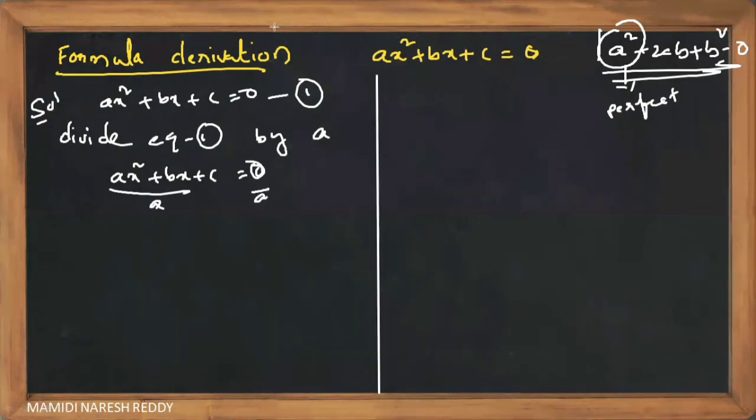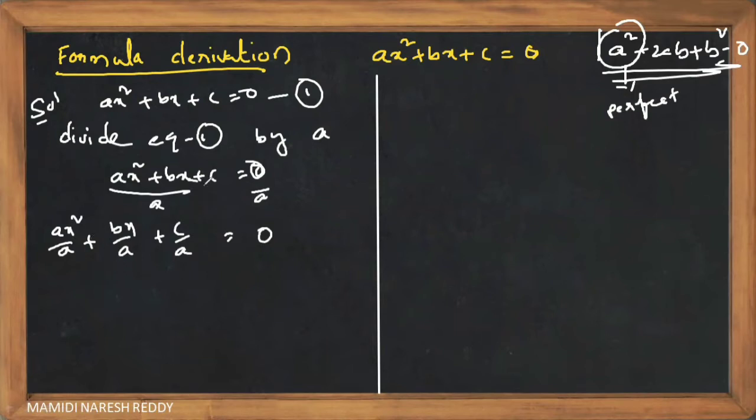Right. Now, children, see, this a is the common denominator of these three terms. Here, children, all make a mistake that this a will cancel this one. You are not supposed to do that, children. Why? Because a is the common property of these three terms. So let us distribute here. Now see, children, ax square by a plus bx by a plus c by a is equal to 0 by a, which is nothing but 0.